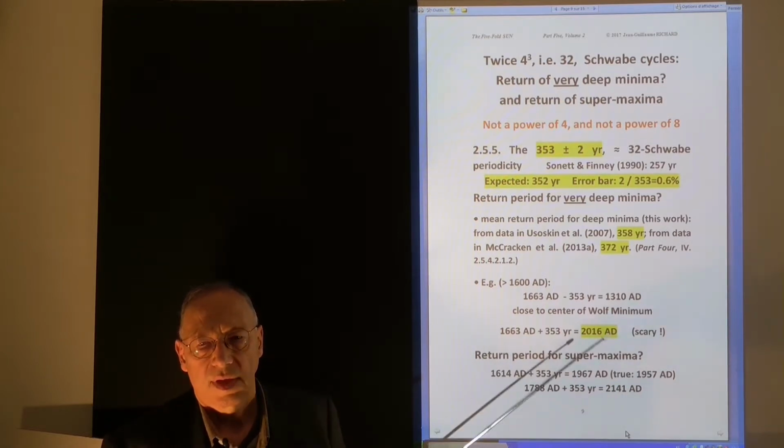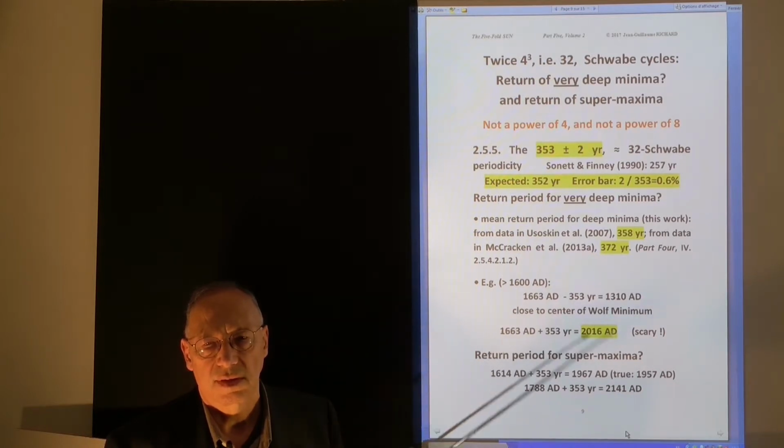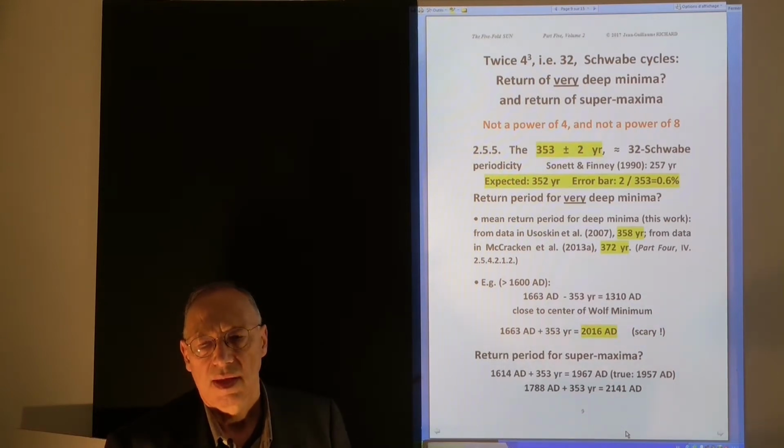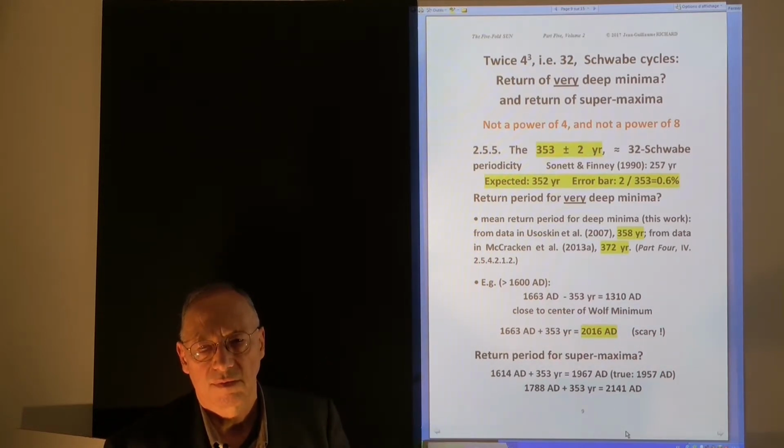For instance, again, starting from the epoch computed earlier today, 1663 AD, we subtract the period of 353 years and we arrive close to the center of an earlier deep minimum, the Wolf minimum.